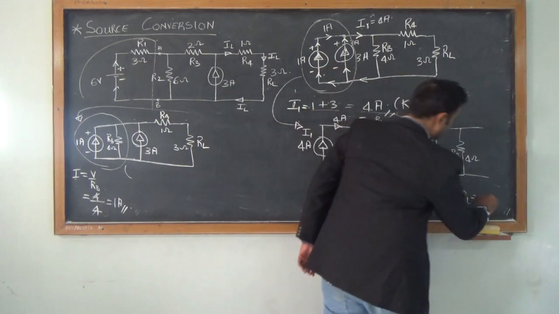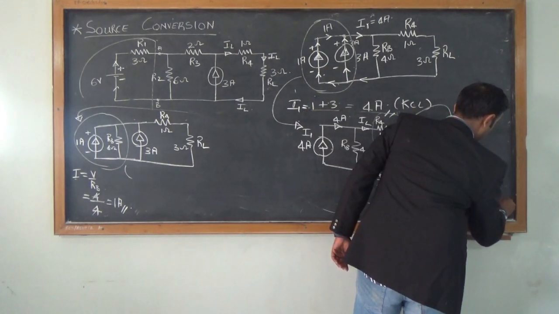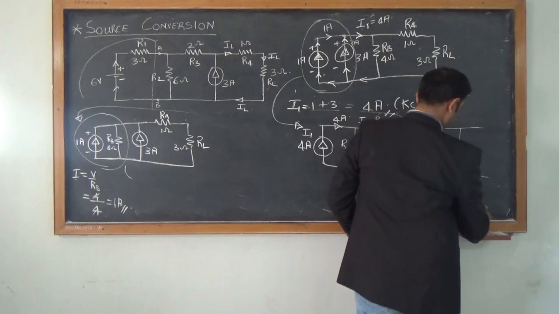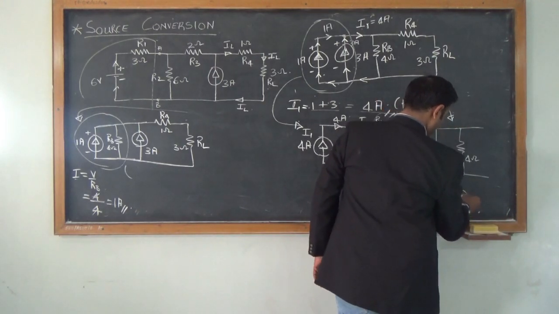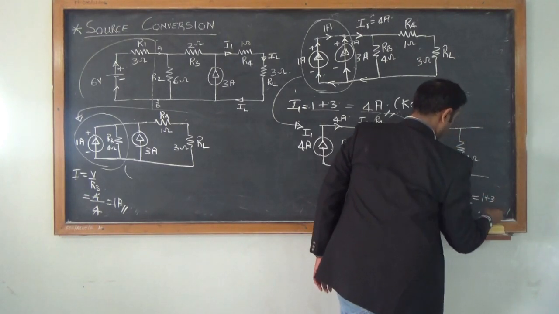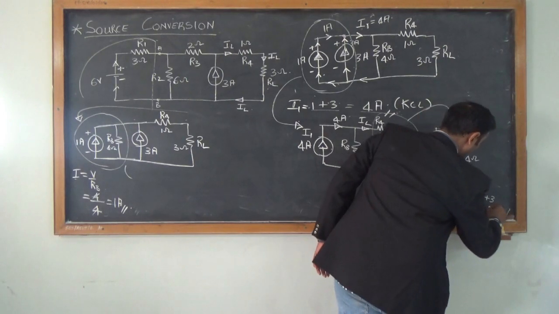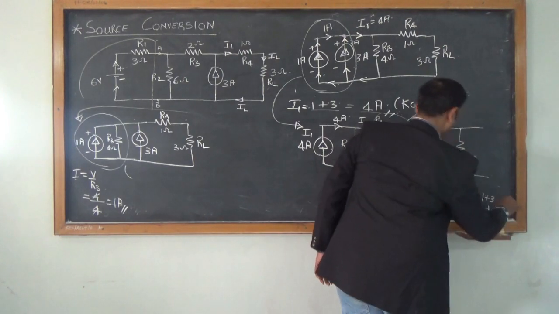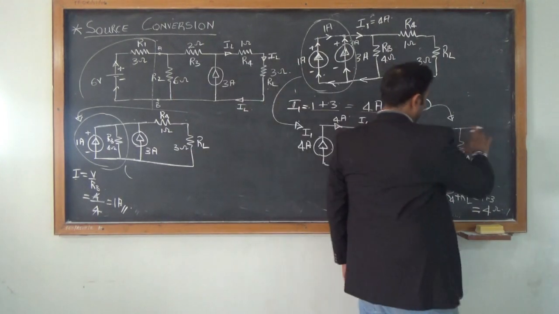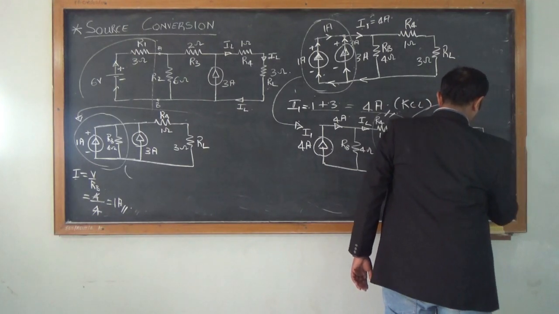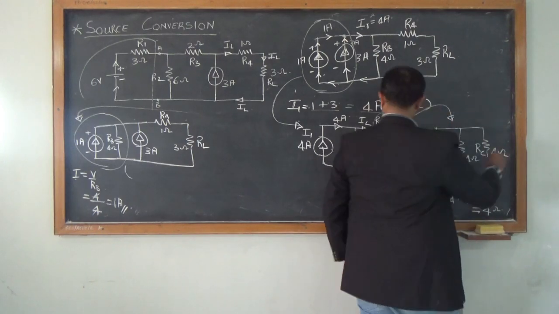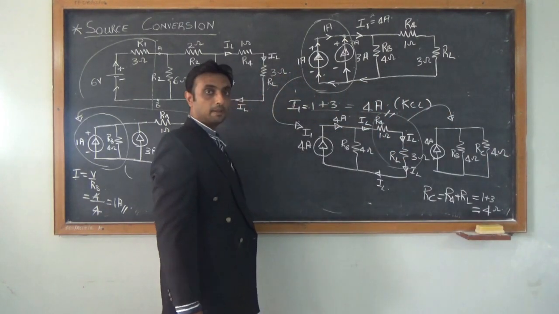So I have 1 plus 3, which is equal to 4 ohms. So I have a 4 ohm resistor connected in parallel with RB. So my RC value will be equal to 4 ohms, which is a combination of both these resistors.